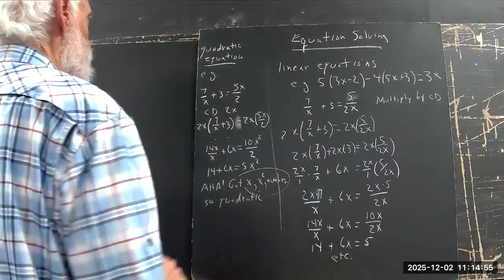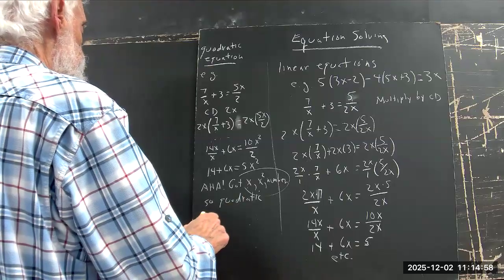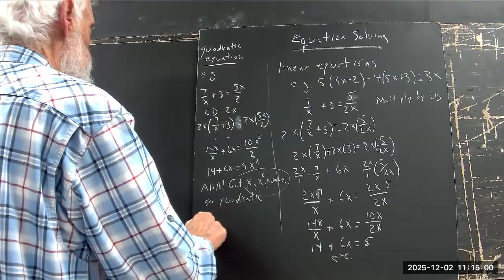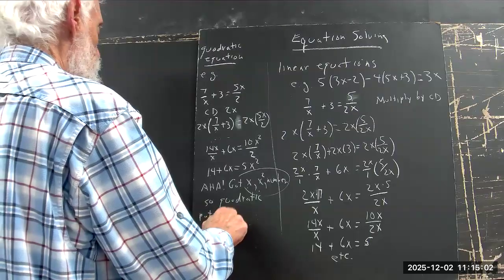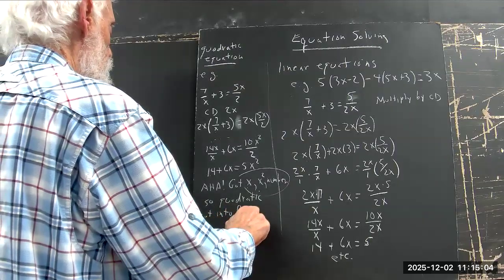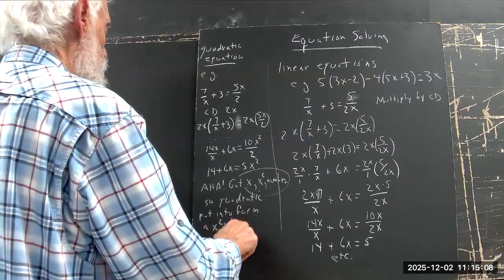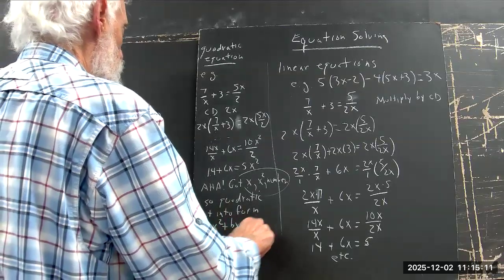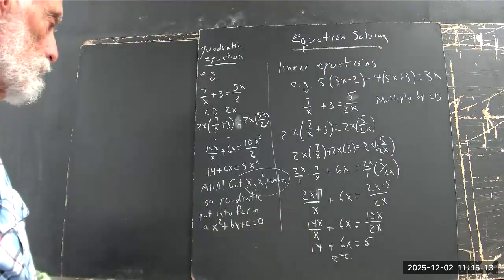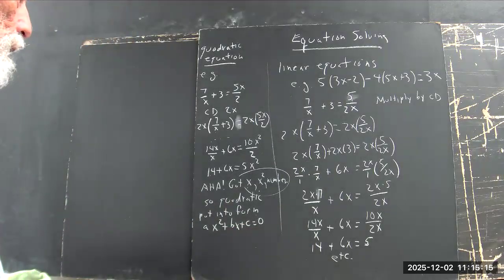So it's quadratic. We put that into the form ax² plus bx plus c equals 0.